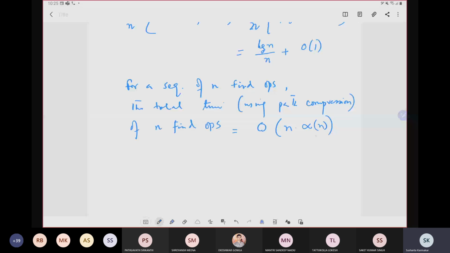What is this alpha? This is something known as the inverse Ackermann's function.